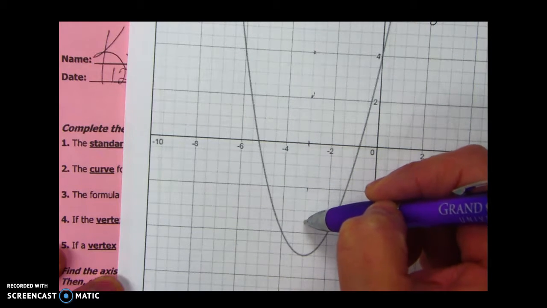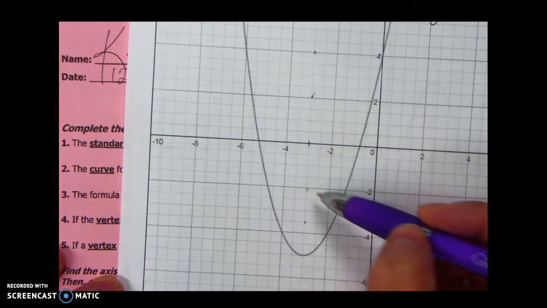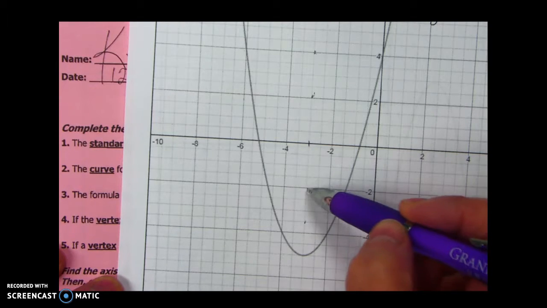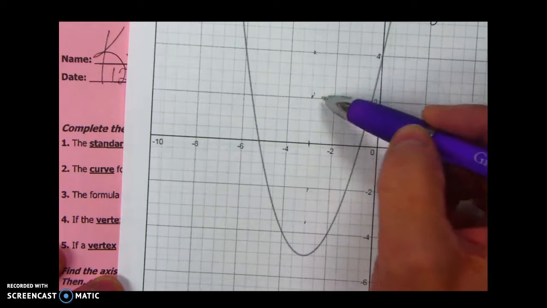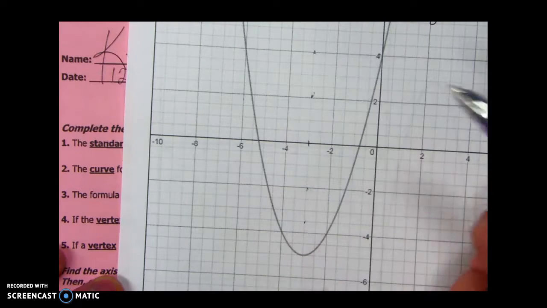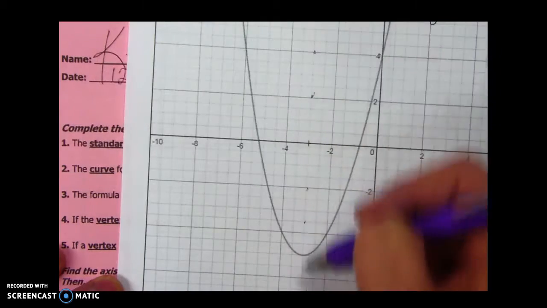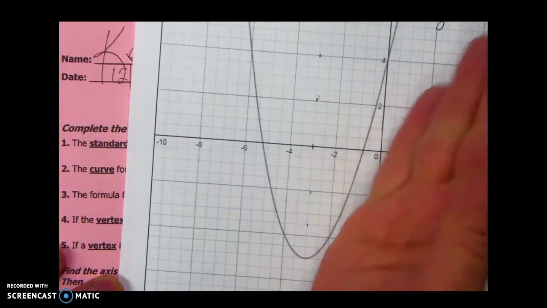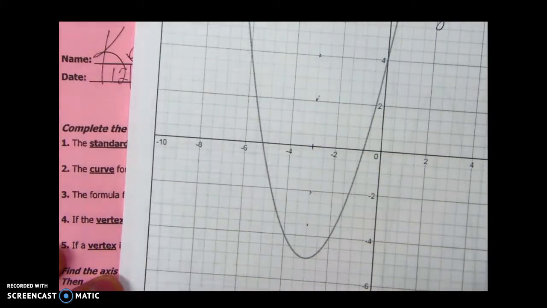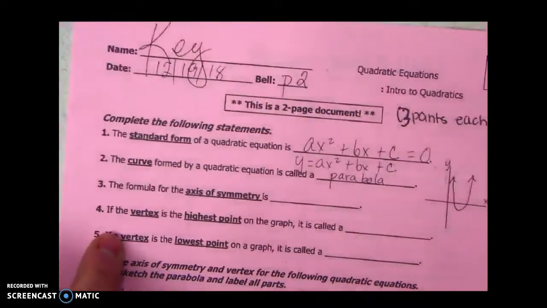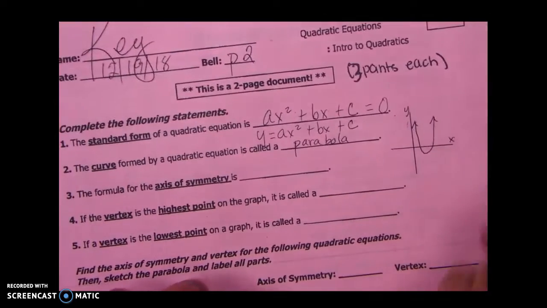And I'll just put a little bit of a dotted line there. So from here to here, the exact same distance as it is from here to here. And that works here to here, here to here. That's the axis of symmetry. So if I took this paper, folded it in half along that line, those two sides would be right on top of each other. That's the axis of symmetry, which is what we're looking at next.